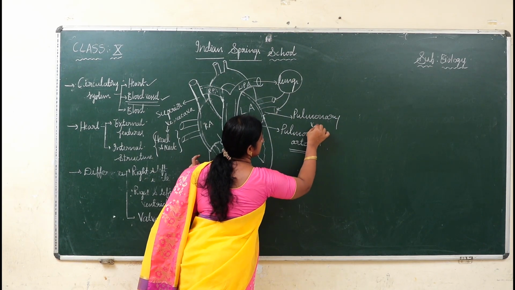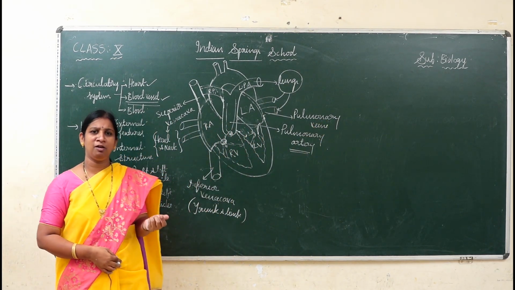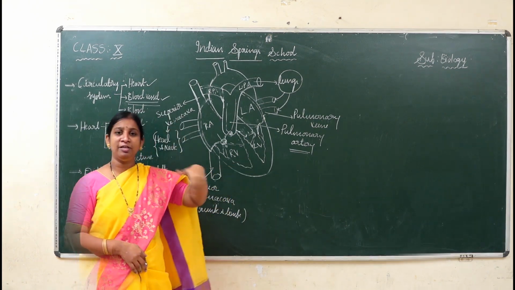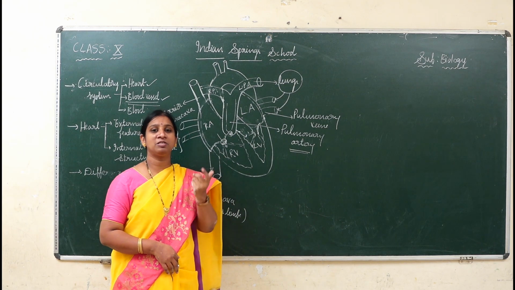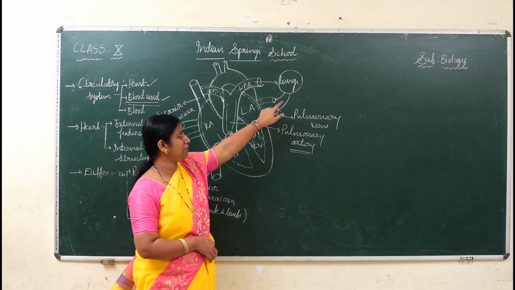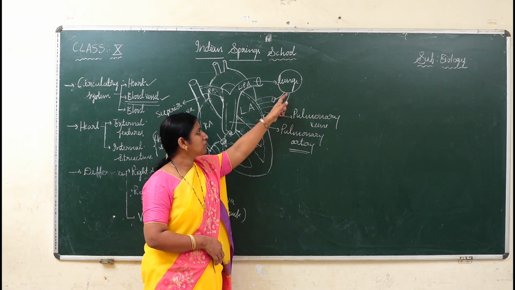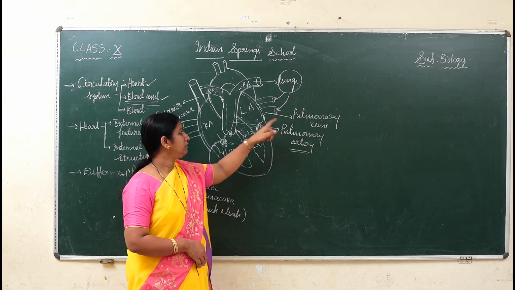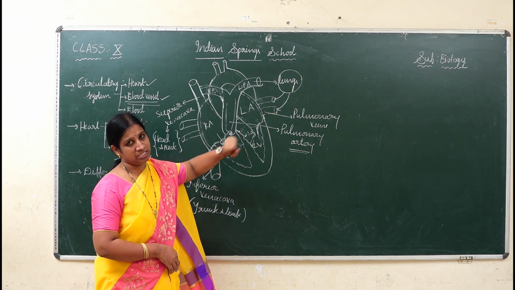Pulmonary veins. Okay. Again the same speciality: generally all veins carry deoxygenated blood, whereas the pulmonary vein carries oxygenated blood, because as it is bringing blood from the lungs, it is oxygenated blood. So it carries oxygenated blood from the lungs towards the heart. But you know which side the blood will reach? Left side.